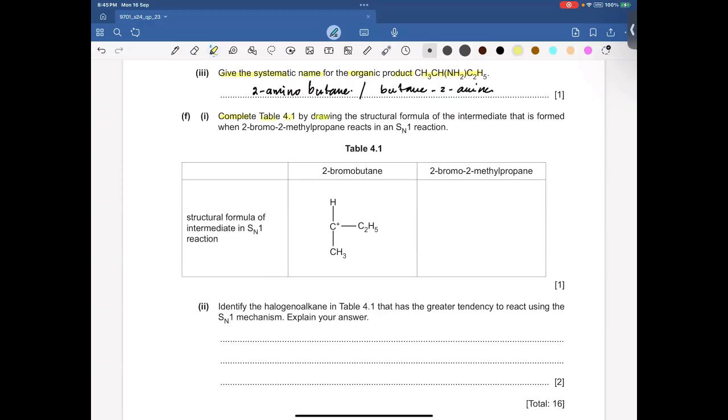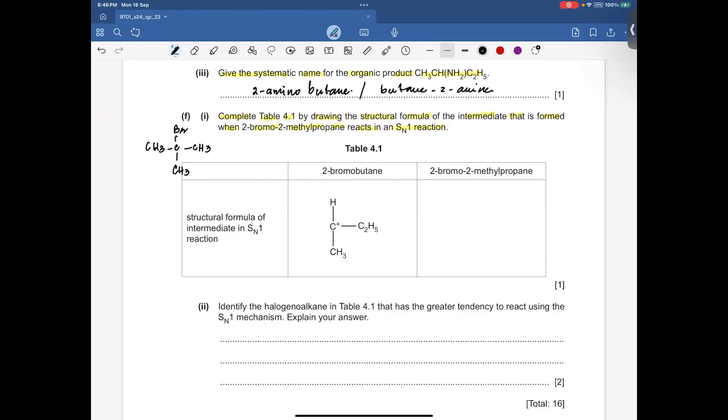Complete table 4.1 by drawing the structural formula of the intermediate that is formed when 2-bromo-2-methylpropane reacts in an SN1 reaction. So from 2-bromobutane, I'll get the secondary carbocation. For 2-bromo-2-methylpropane, let me write this structure first. This is 2-bromo-2-methylpropane.